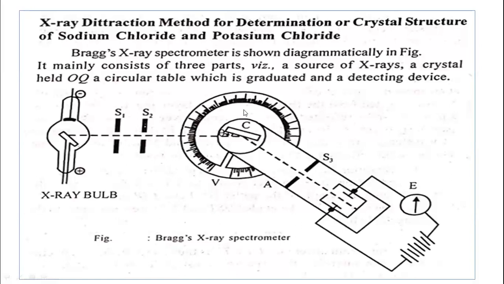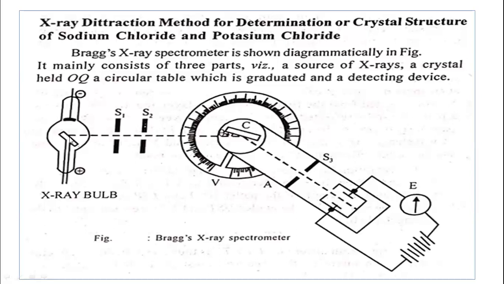To determine the structure, we can use Bragg's X-ray spectrometer. This is the diagram of Bragg's X-ray spectrometer. It mainly consists of three parts. This is the X-ray bulb which produces X-rays.